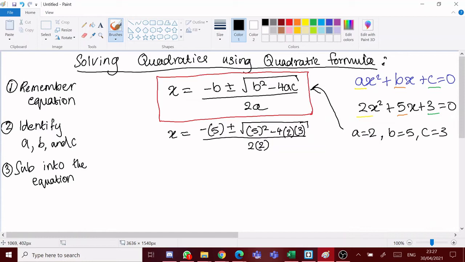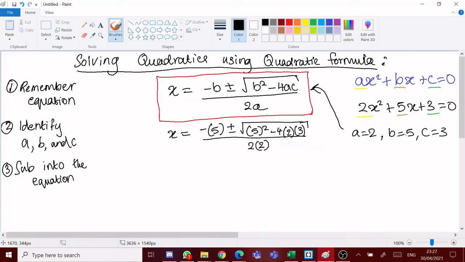So this is the substitution of all of these values a, b, and c into the quadratic formula. There are a couple of things you need to keep in mind while doing the substitution. The easiest method from here onwards is just to sub the values into your calculator and get an answer. But of course, that is not the safest option because you can make a lot of mistakes.